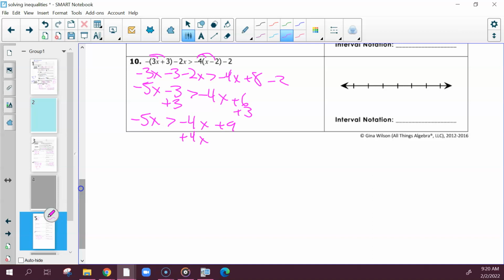Add 4x to both sides to get negative x is greater than 9. Divide both sides by a negative. So here, would our sign change? Yes. So our number line will look something like this.